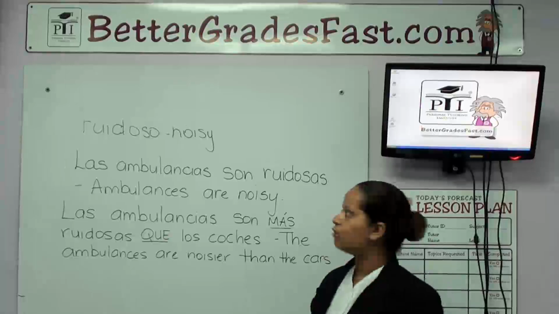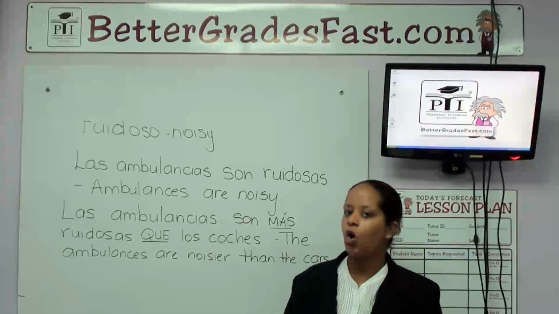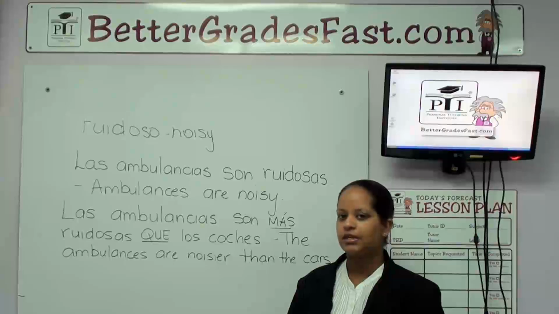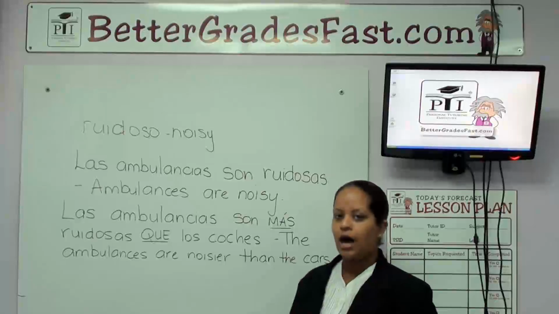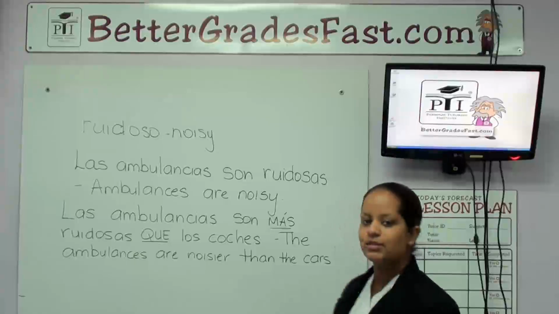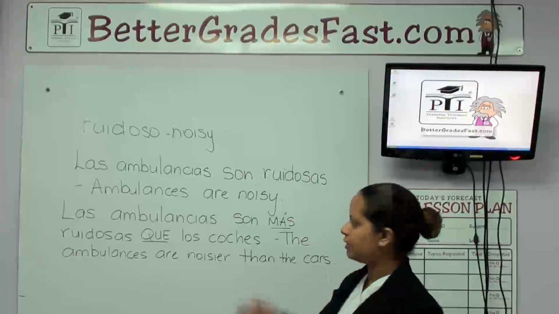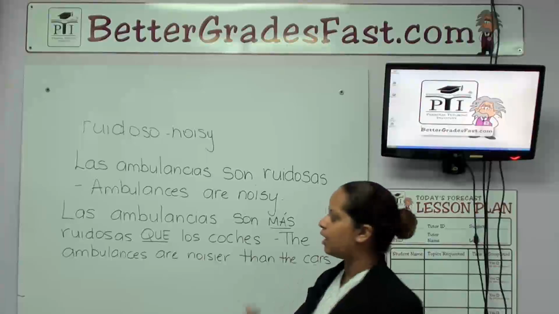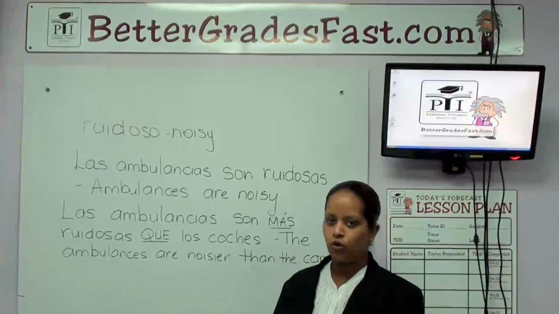So now you know how to do comparatives when speaking about something that is more than something else. How about if you have to say something is less than something else? How do we do that? I will show you now. If we were to use the same adjective noisy, but we were to change our sentence, we would say, perhaps, cars are less noisy than ambulances, so you change the order.